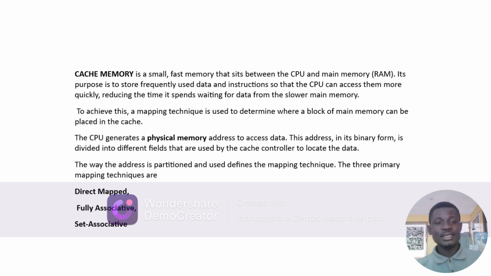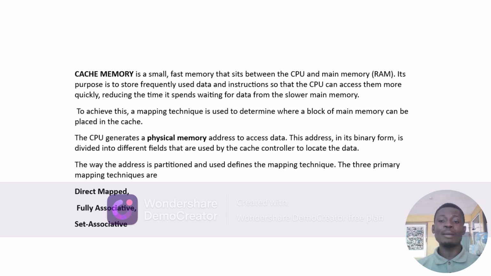Okay, so we are continuing our lecture. This one we are going to talk about the fully associative. What's the meaning of fully associative? In the fully associative, the blocks inside the main memory are not mapped to a specific or a single location.